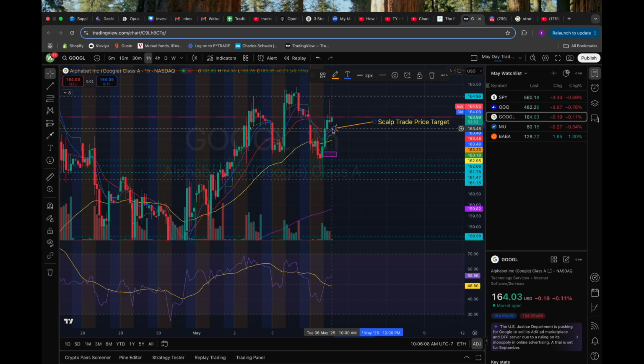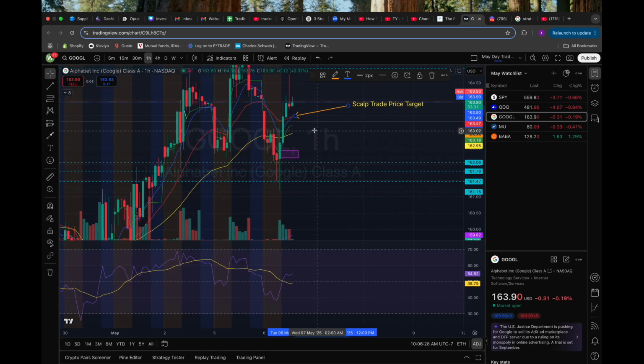Now, if it comes down and it breaks below this, then we can say, all right, it could come even lower, right? And if it comes down to the VWAP, that's even a better target, right? But right here, we have a fair value gap that's marked up, right?